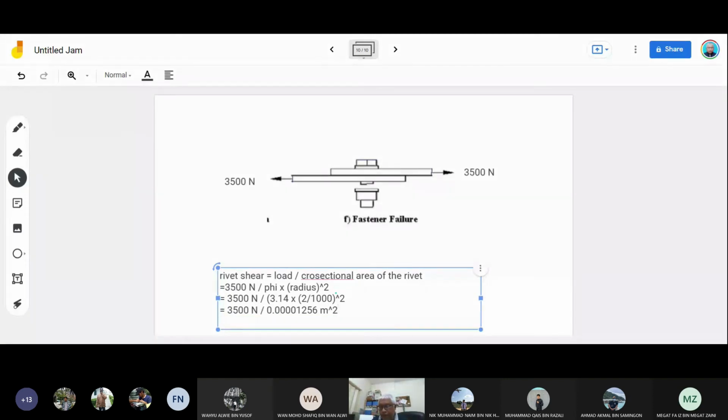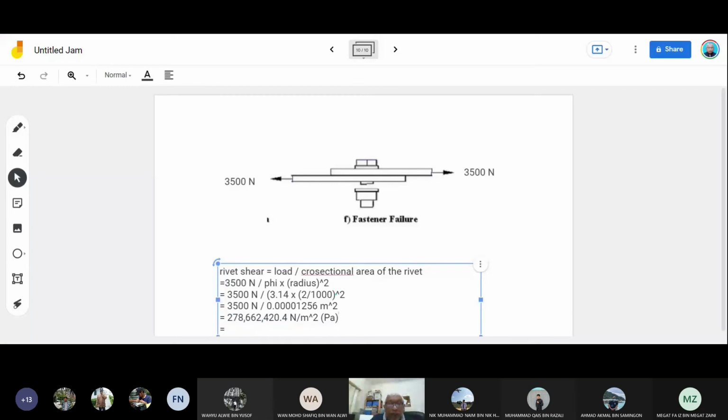So you get the stress of 3,500 divided by that area, which is Newton over meter squared, which is Pascal. You can say 279 megapascal.